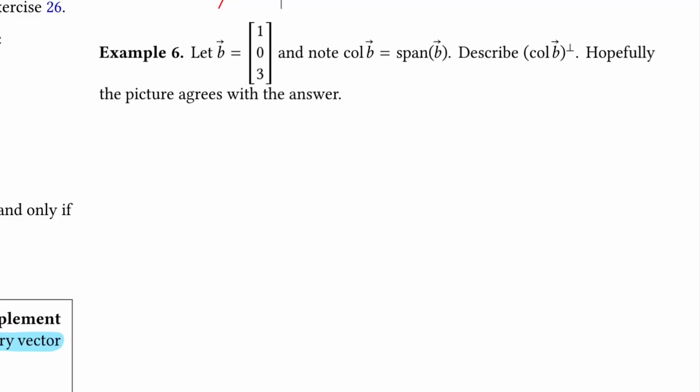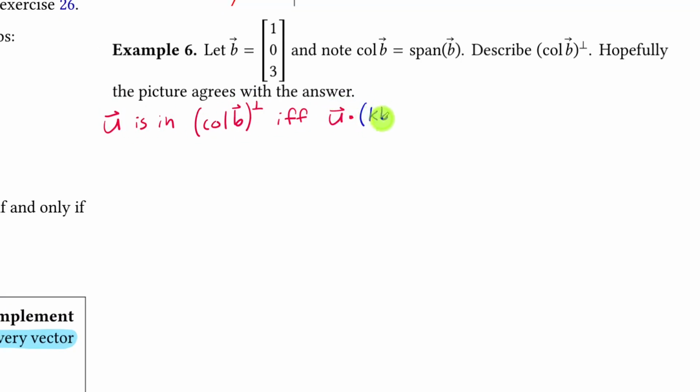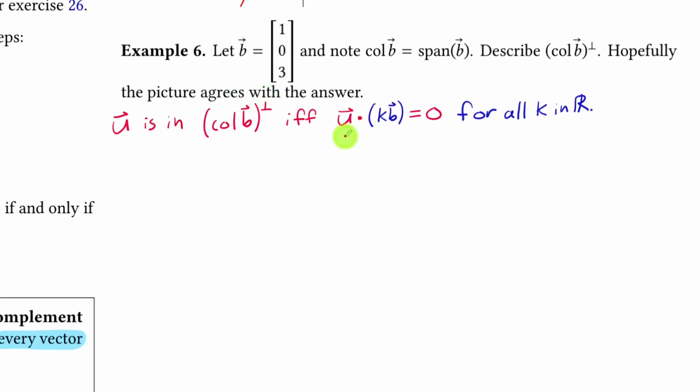So this is going to be the same idea as before. So u is in the column space of B's orthogonal complement if and only if u dot kB is equal to 0 for all k in R, because the set of vectors that can be written kB for all k in R is the span of B. That is the same thing as the column space.